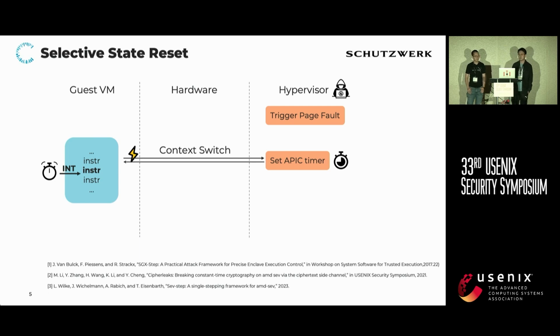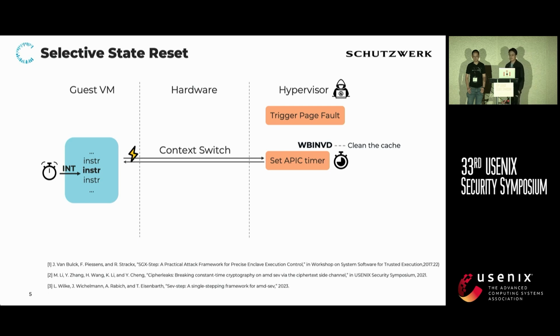What's new here is that we can use the write-back invalidate instruction, a benign instruction, because unlike SGX, SEV is a VM-based trusted execution environment feature. So every time we interrupt the VM, the hardware has to perform an entire context switch, which is affected by the cache state a lot.